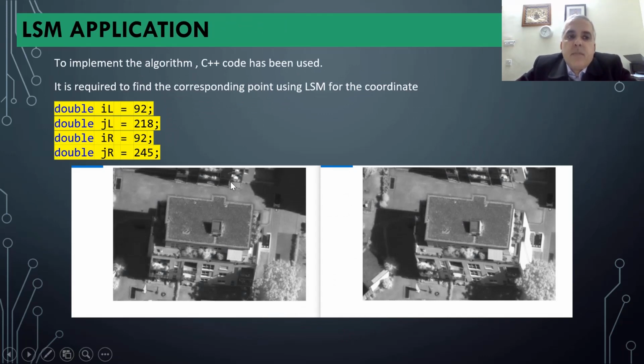Let's solve the least square application. First of all, we will identify a point, for example this point here, on the left image by using row and column, and we will find an approximate value for this one. Let's say on the right image, this one, 92 by 245.